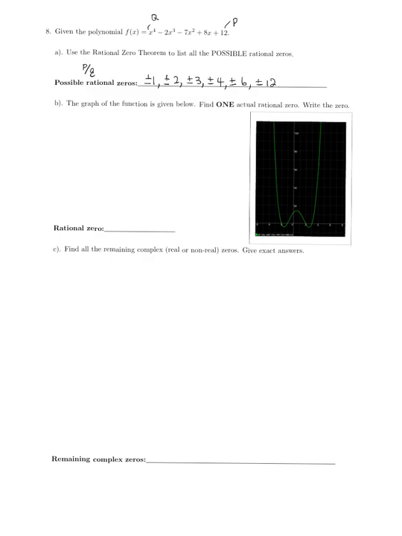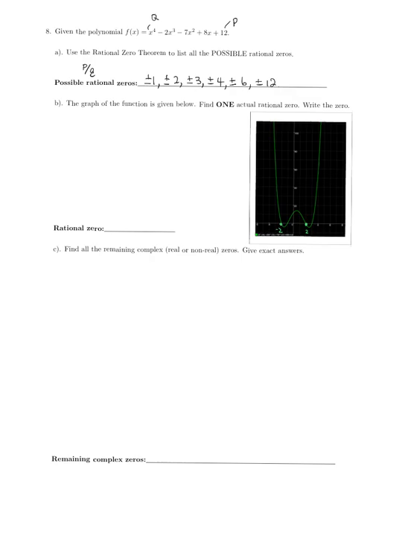Write the zero. So hopefully you can see this graph, but clearly the graph is crossing the x-axis at x equals 2, and then x equals negative 2. So keep that in mind. Those are going to be the zeros for sure.